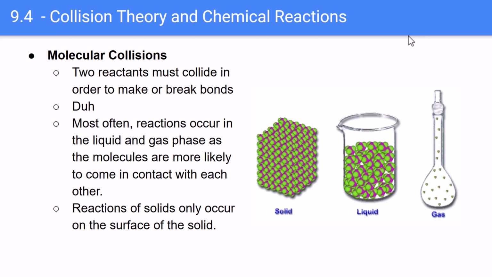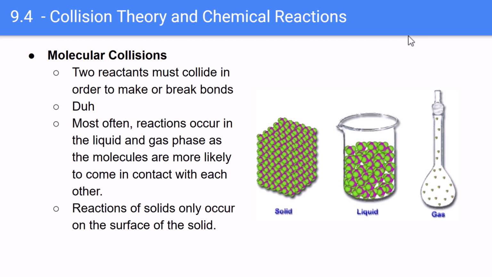If you take a look at the solid example on the right-hand side here, you'll notice that only the molecules that are on the surface are going to be able to react with any material it comes in contact with. However, the liquid, being something that has more ability to move, more of those molecules can come in contact with other materials, thus resulting in reactant turning into product.